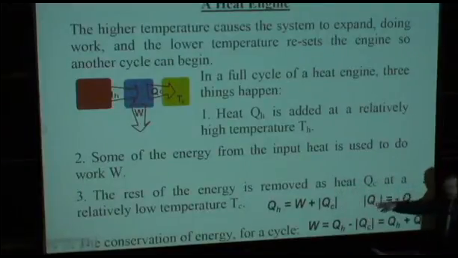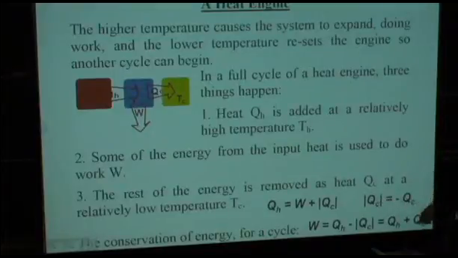So as we know, when the system releases heat, the actual value of that heat is negative. So we can rewrite this law differently.